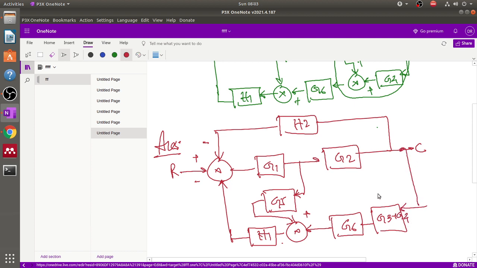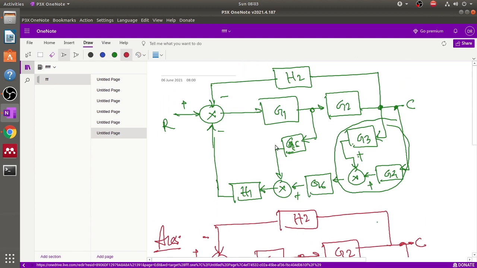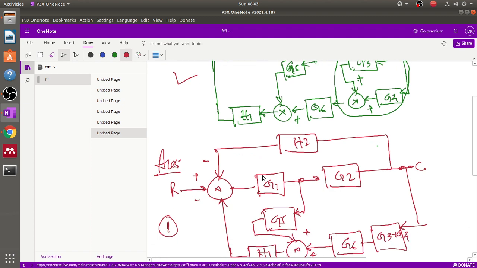That's why addition of G3 plus G4, and here G5. Okay, so now this is our second step. These are after the first step. This signal is plus, and this signal also plus. Okay, so after the first step, this block diagram is reduced from here to here.